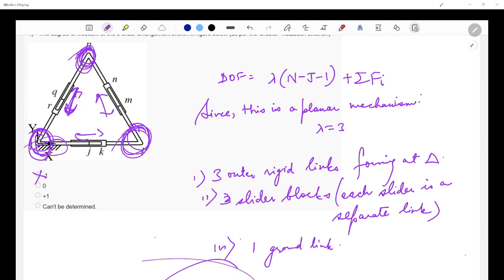Plus 1 is the actual physical degree of freedom, but the question is as per Grubler, so this is also wrong. And 'can't be determined' is no, it can be determined using the formula. So this is correct. They are basically testing whether you blindly used the formula or mixed up actual motion versus computed degrees of freedom. From Grubler we get 0, but the actual degree of freedom is 1.